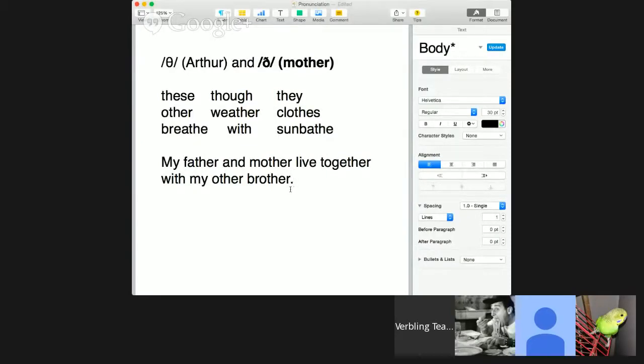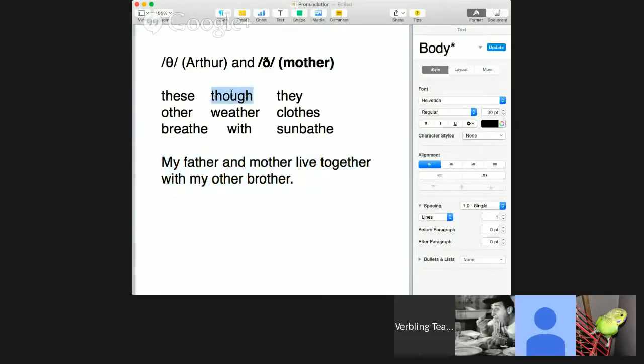Okay. These, thought, they, other, weather, clothes, breath, with, sunbathe. My father and mother live together with my other brother. Okay, good work, Salvatore. An absolutely perfect sentence. There's a few words that we need to go through in here.